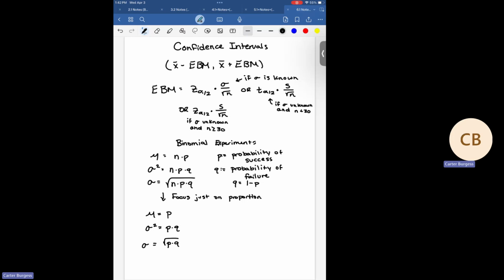The only issue is we're not going to be getting these numbers as population values, right? Mu being equal to p implies that the true value of mu is equal to p. Sigma being equal to the square root of p times q, the true value of sigma. Instead, we're getting these from samples. So we're not going to be able to use mu. We're not going to be able to use sigma.